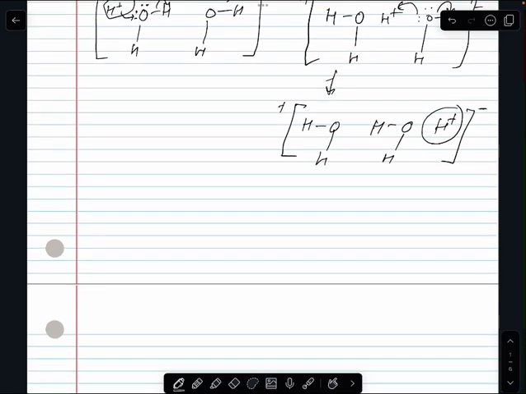So let's say this is a negative electrode and there is OH minus ion and a water molecule adjacent to it.